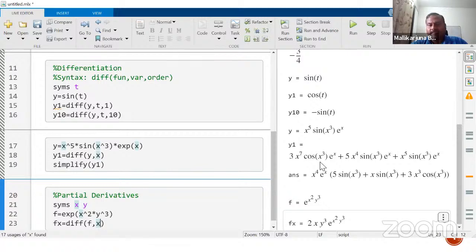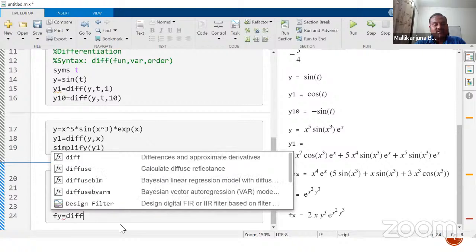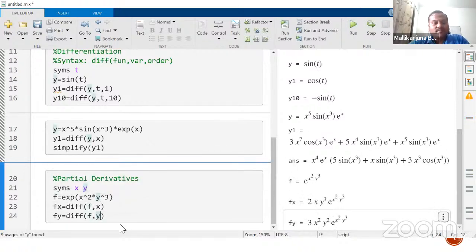This is fx with respect to x. Next, f with respect to y, differentiation of f with respect to y. For ordinary derivatives you don't feel much logic or advantage, but partial derivatives are not easy manually.